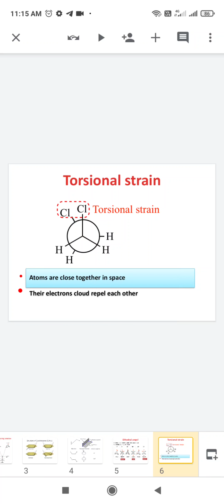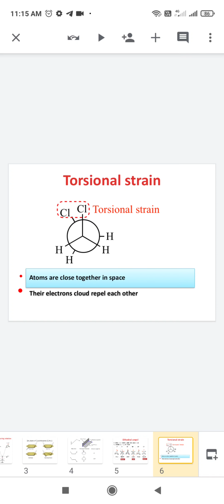Torsion strain means, see in this example, one of the hydrogens in the ethane molecule is replaced by chlorine, and the 2 chlorine atoms are just behind each other. That means the electron cloud of one of the chlorine atoms is very much closer to the electron cloud of the next chlorine atom.